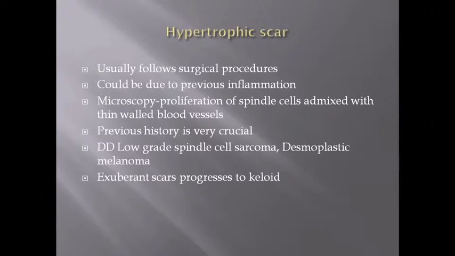Also, when you have a low-grade spindle cell sarcoma re-excised, then again trying to decide whether there's a residual low-grade tumor and not a scar is again another big problem. So scars with these spindly cells give rise to a lot of apprehension when you're looking down the microscope, particularly when you don't have a proper history.